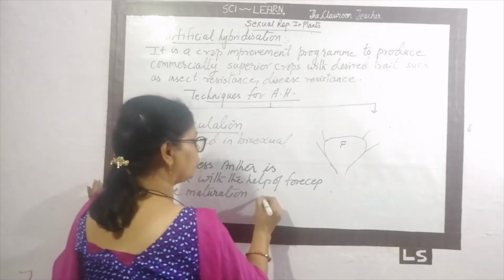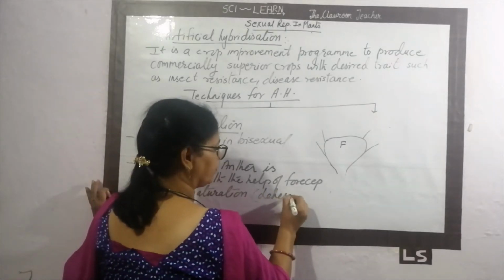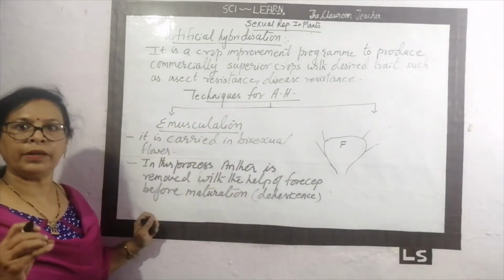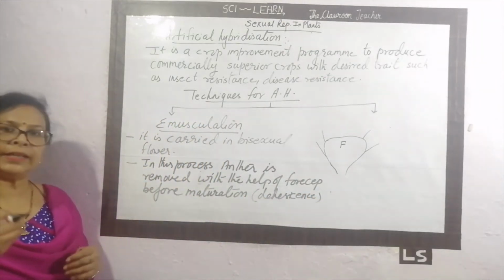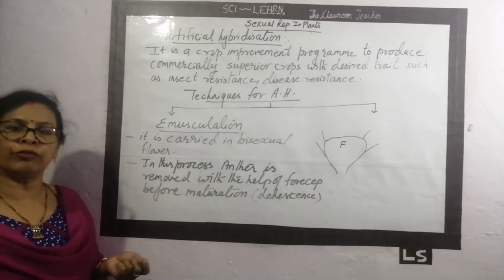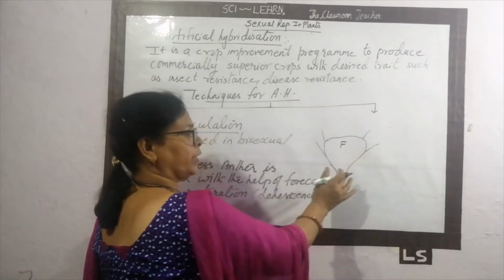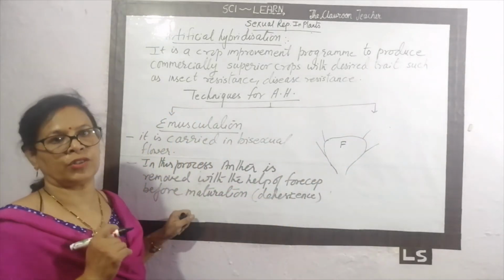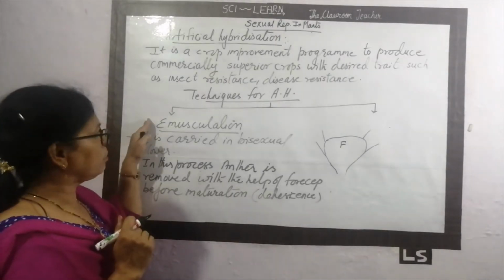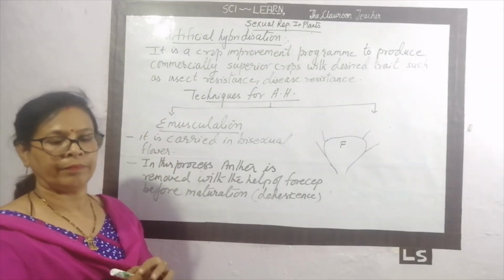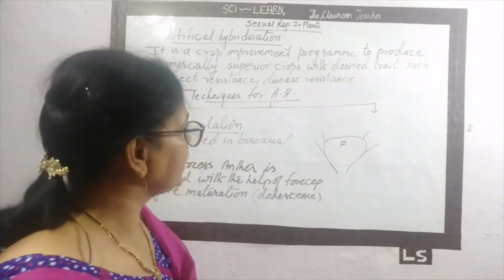If it is removed before dehiscence, then pollen does not fall on the stigma. This is very much protected. No pollen reaches there.